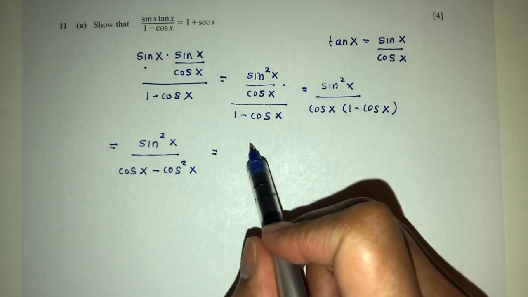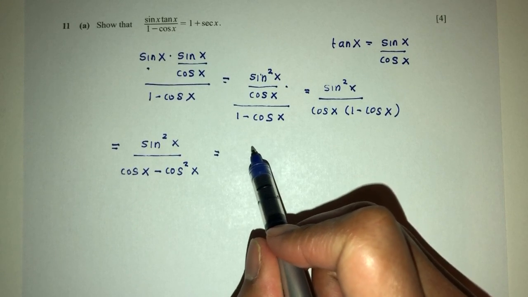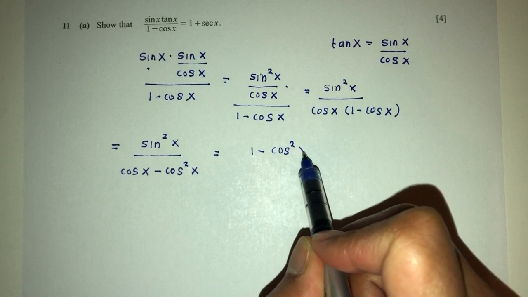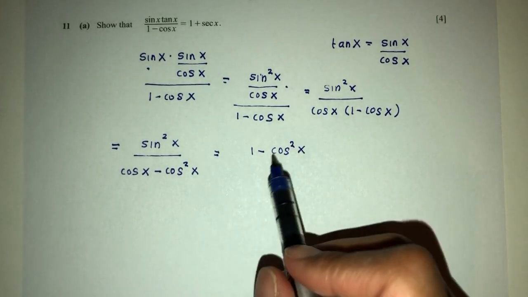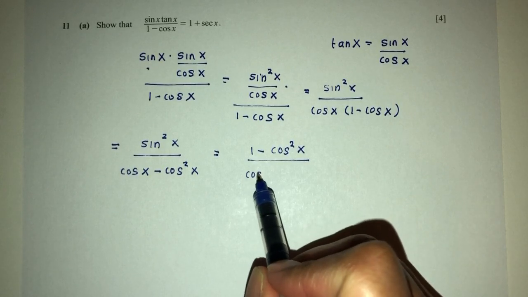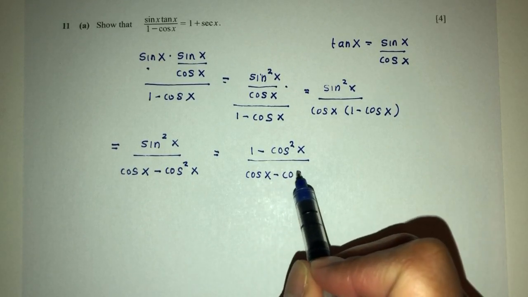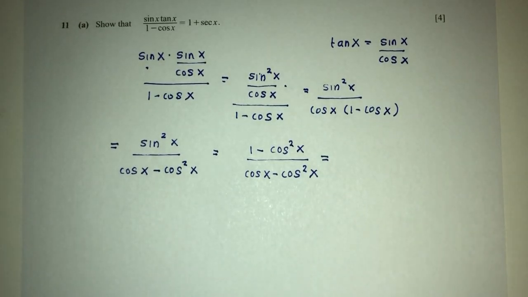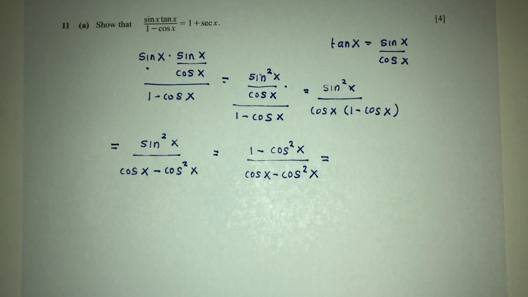So here I can write sin square x as 1 minus cos square x, over cos x minus cos square x. So I can break this down into two parts, but I don't know if that's going to be useful or not. Most likely not.